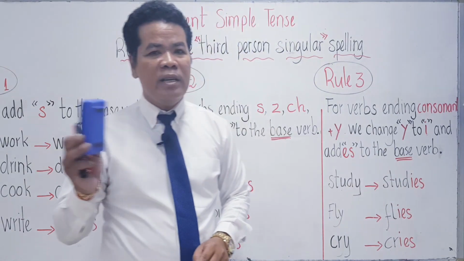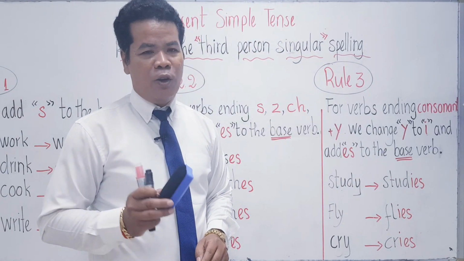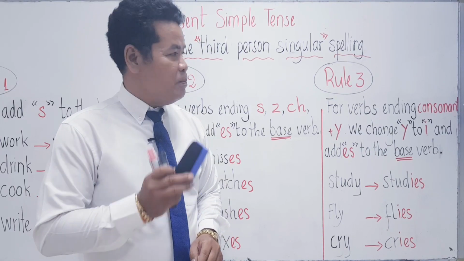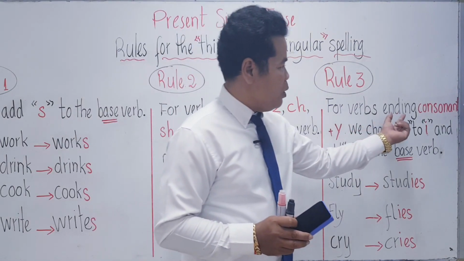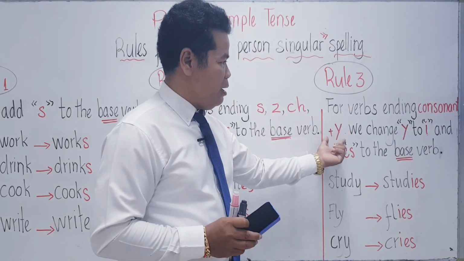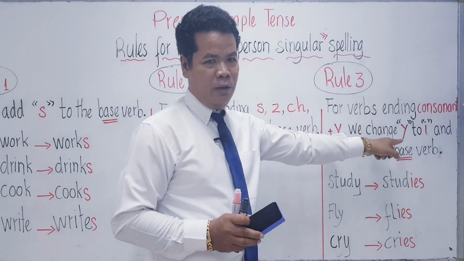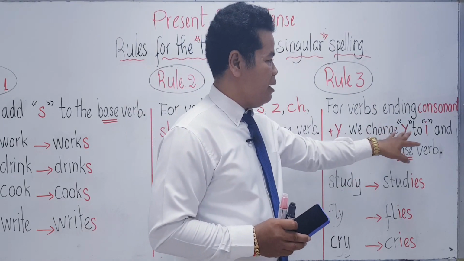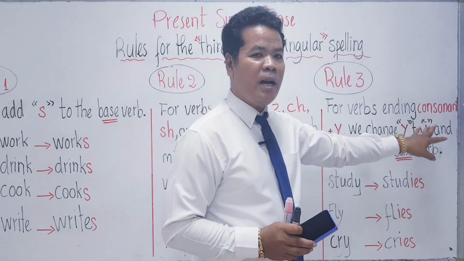You cannot just add only ES, or you cannot just add only S to the verb, because for a verb ending in a consonant followed by Y, you have to follow the rule. Before you add ES, you have to change letter Y to letter I.